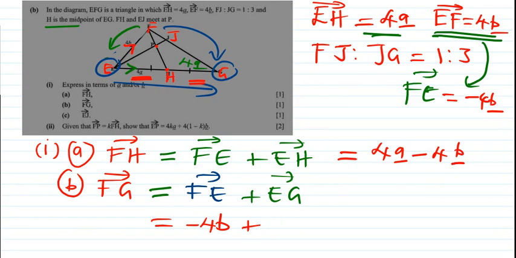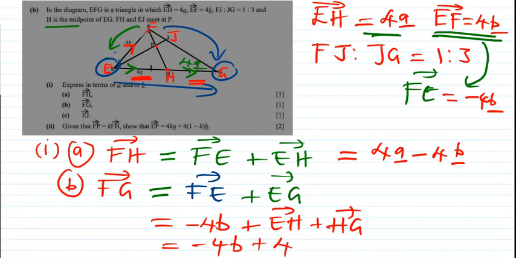coming twice. Or the other way, you can say EG is the same as EH plus HG, which are halves because H is the midpoint. So this part and that part are the same, so you end up with negative 4b plus 4a plus 4a.